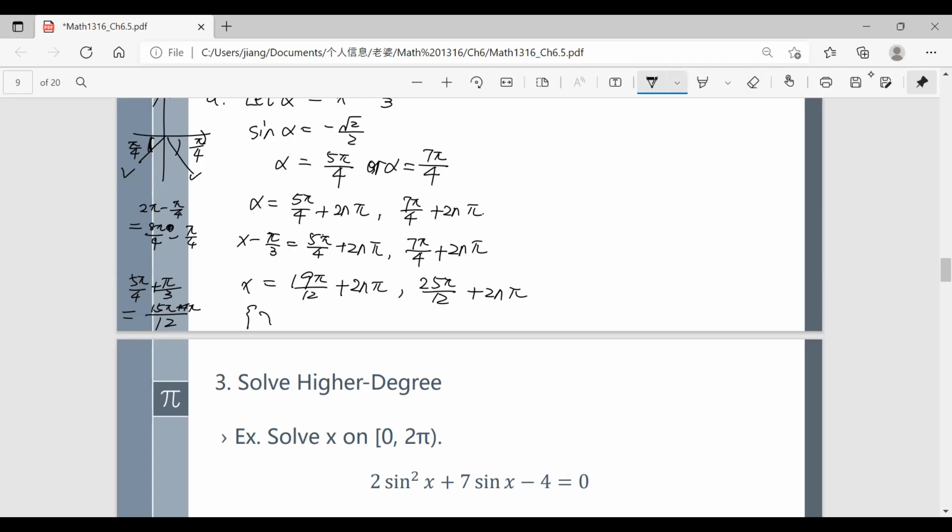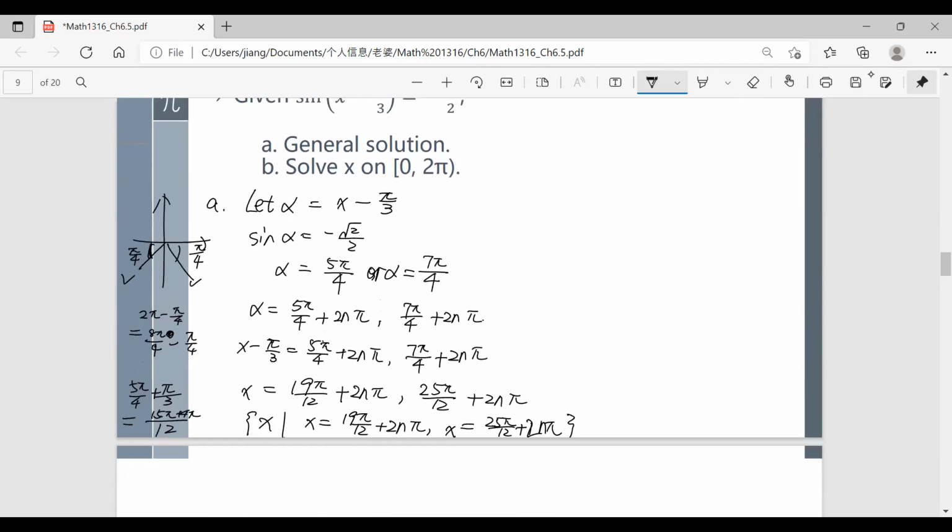I can write it down like this. X equals 19 pi over 12 plus 2n pi, n is always an integer. X equals 25 pi over 12 plus 2n pi.